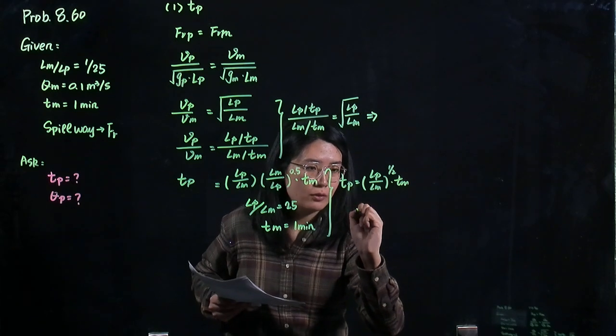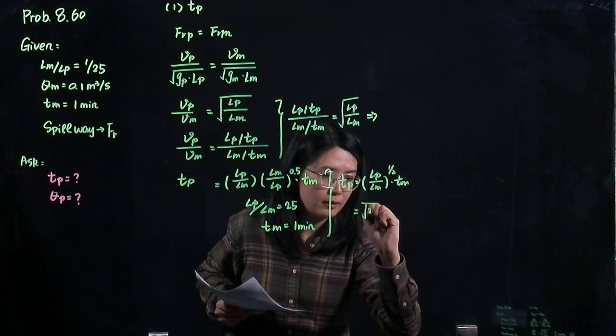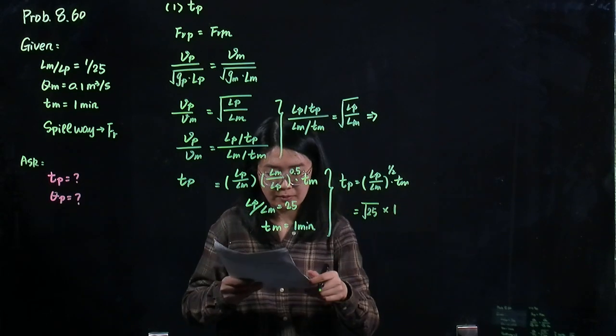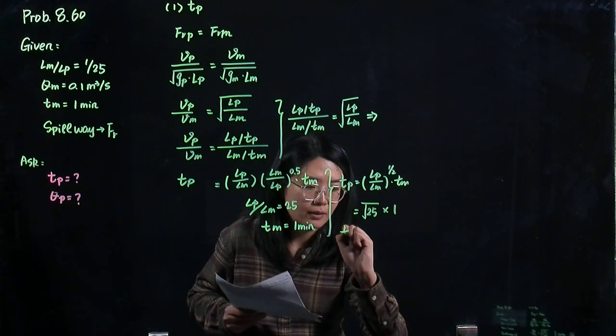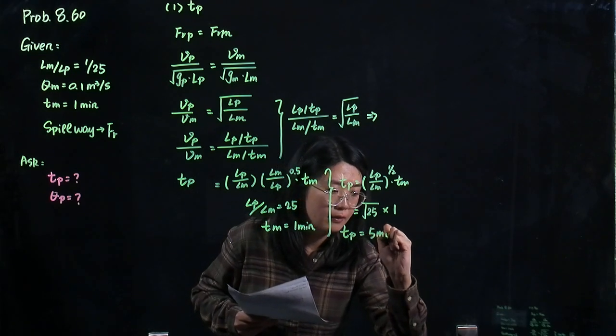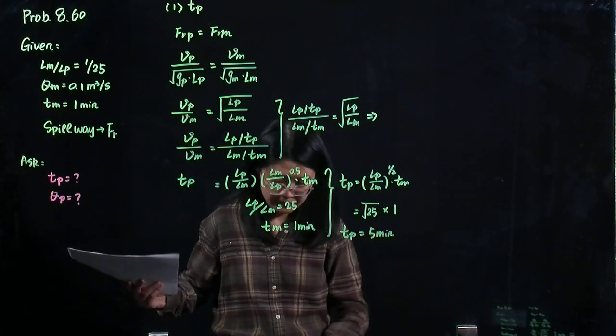It equals square root of 25 times 1 minute, right? So in the end, we get Tp equals 5 minutes.